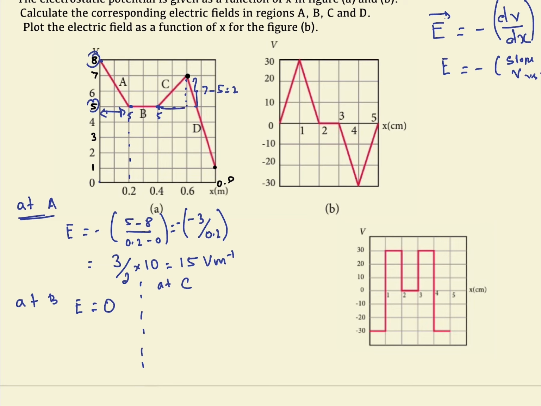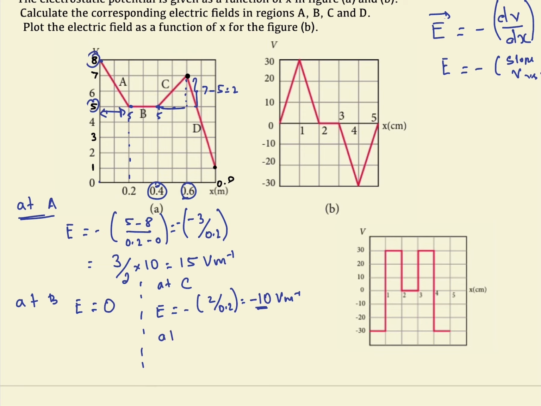What about the x axis? Here 0.4 to 0.6. So electric field is minus of 2 divided by (0.6 minus 0.4), that is 0.2. So this is minus 10 volt per meter at C.